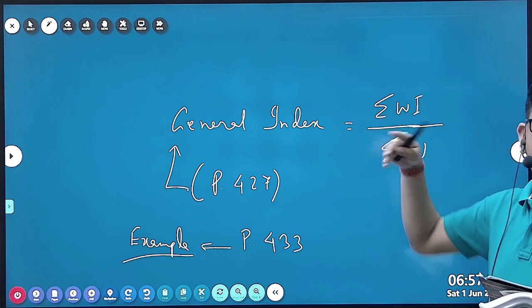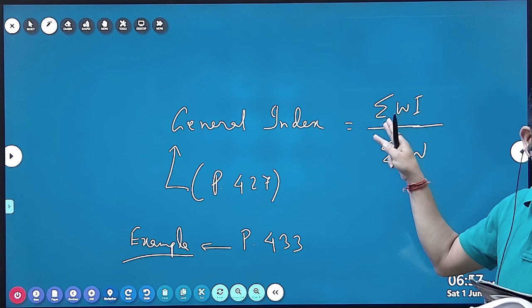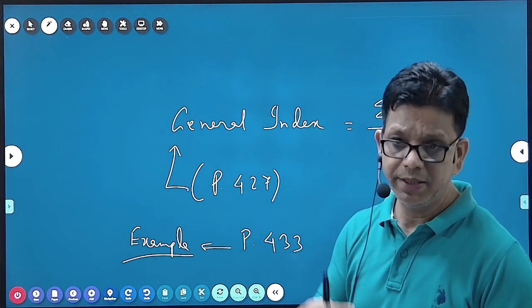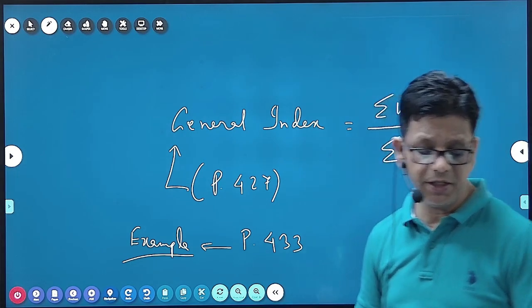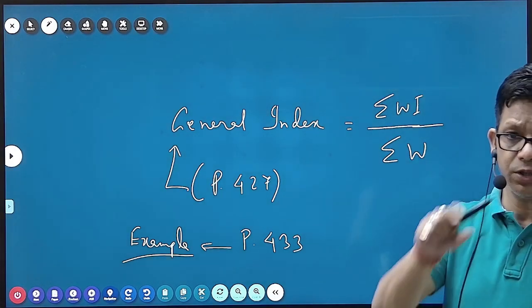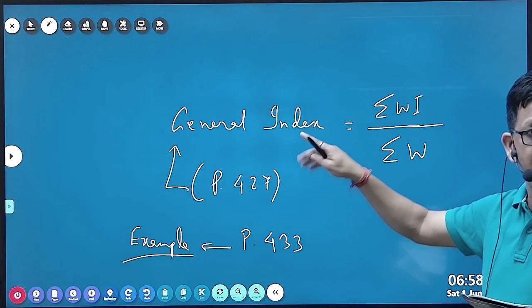Other times we are finding the index, but now the index is given and the weight is also given. If you have confusion, you see the productions are divided into different groups: industrial production, mineral production. So there are different categories. That is why you have to find the general index for groups.